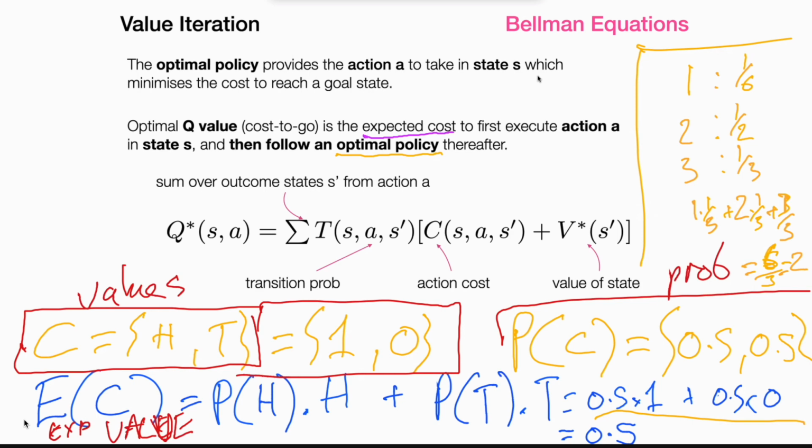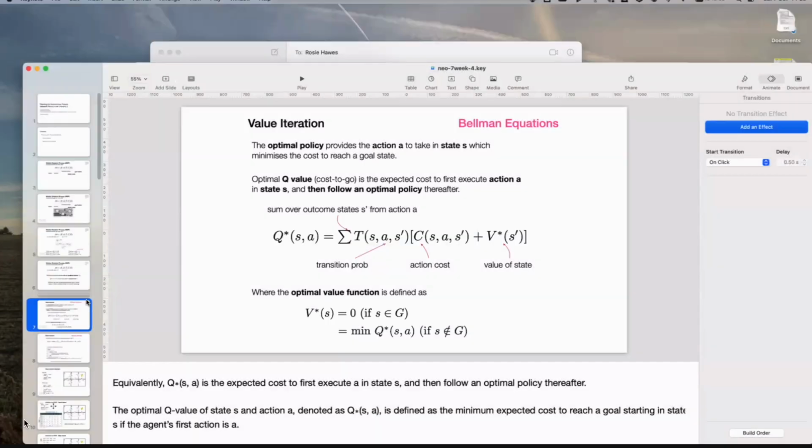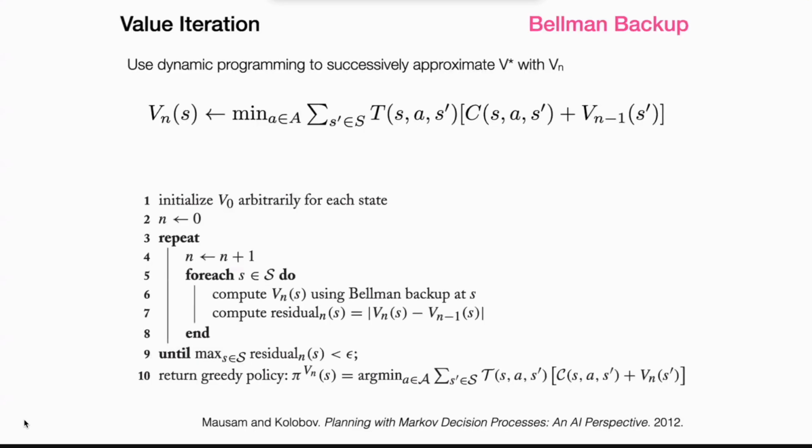So actually, let's reinforce this. I'm going to add a blank slide. It's a bit easier to draw over the blank slides. Let's imagine now we've got a planning problem, and it's going to be a slightly weird one.